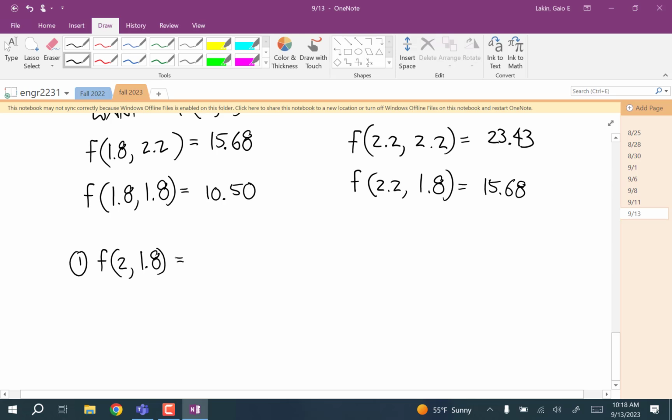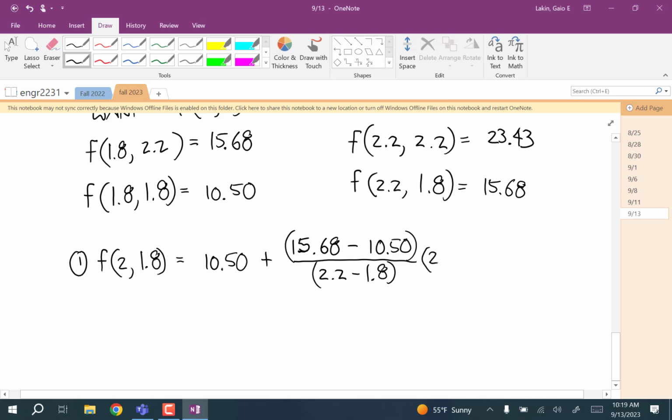So I'm going to go f at 1.8, 1.8, plus f at 2.2, 1.8, minus f at 1.8, 1.8, divided by 2.2 minus 1.8, multiplied by 2 minus 1.8.